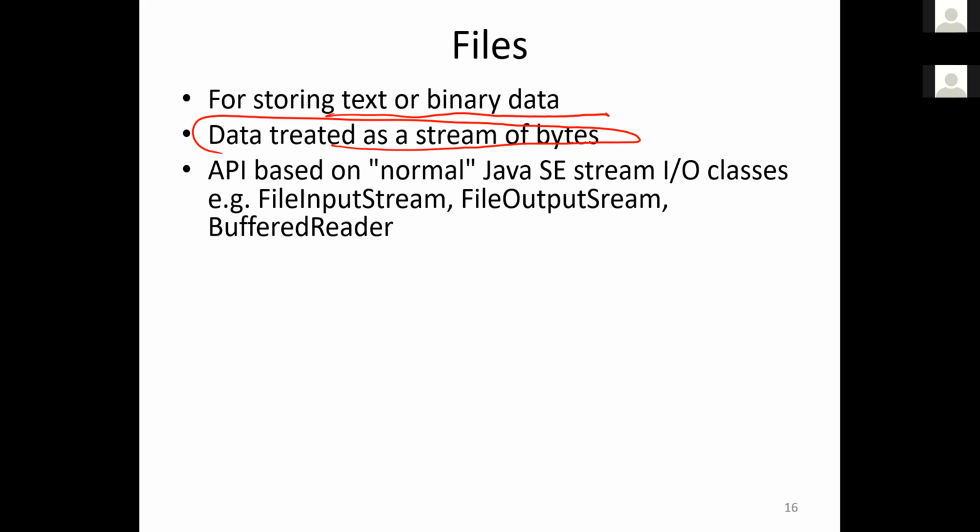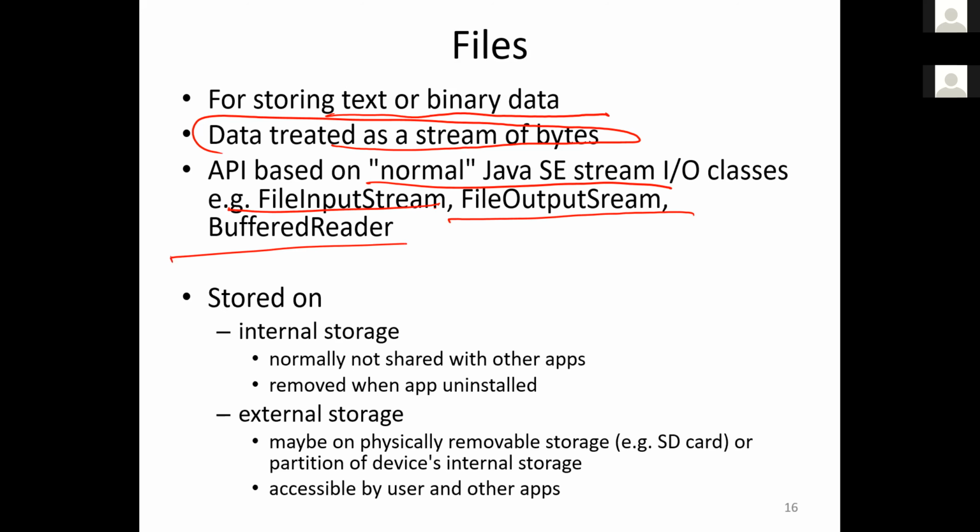Its API is based on normal Java Standard Edition stream input output classes, the file input stream, the file output stream, and the buffered reader. Internal storage is normally not shared with other apps, and when you uninstall the app, that data goes. External storage may be a physical removable storage, or a portion of the device internal storage accessible by user and other apps. So in our example, we did this.